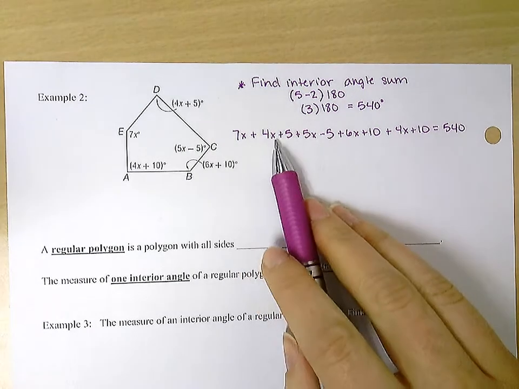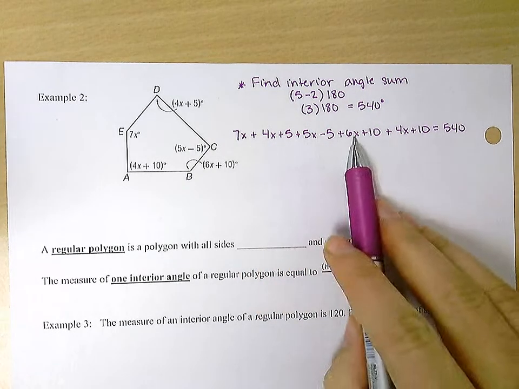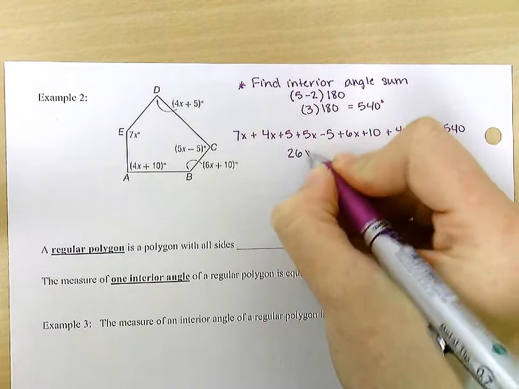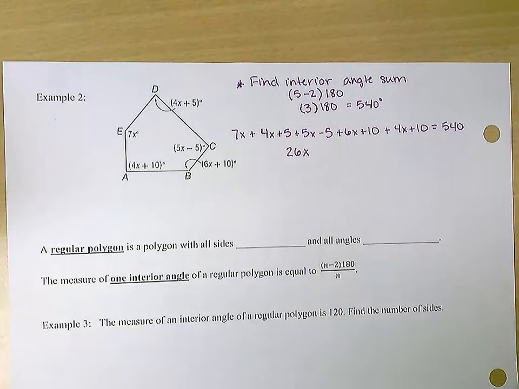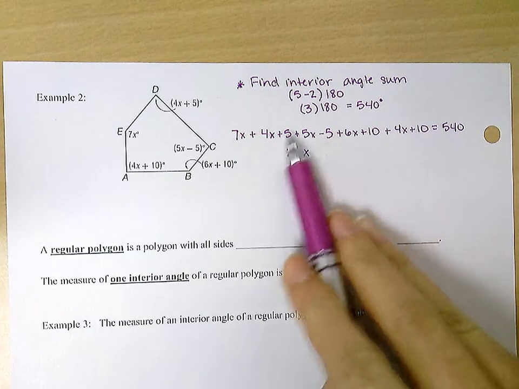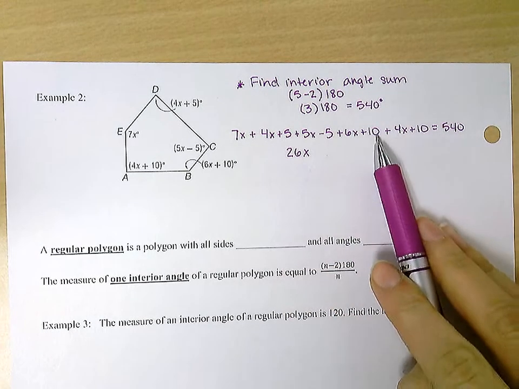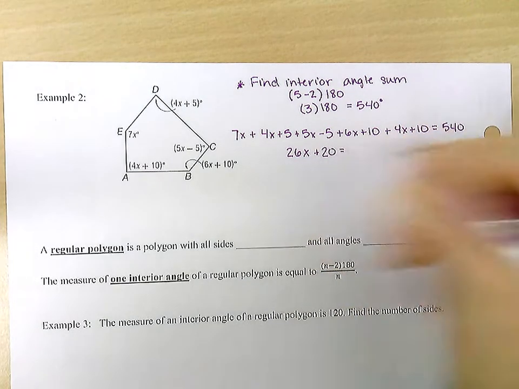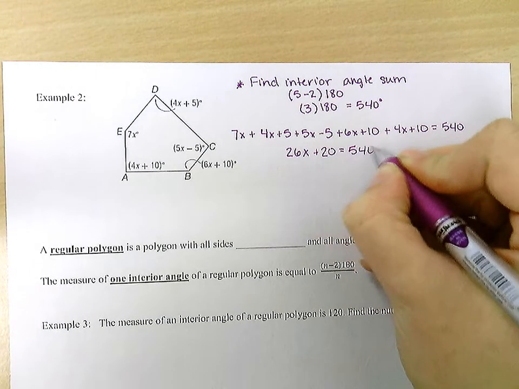I have a 7x, a 4x, a 5x, a 6x, and a 4x. That is 26x. Combine your constants here. I have a 5 minus a 5. Those just cancel. Then I have a 10 plus a 10. That's just 20. And that's still equal to 540.